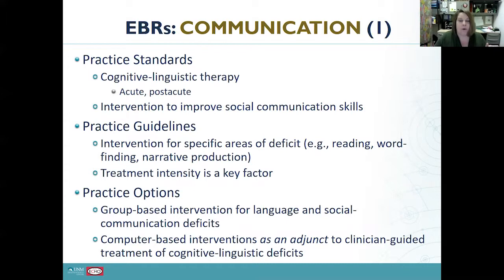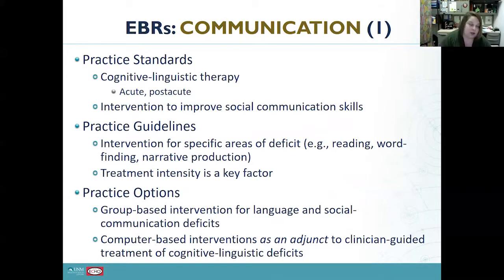Just to briefly orient you to the way that the Cicerone article gives the guidelines, EBR stands for evidence-based recommendations. You could also call them CPGs, which are clinical practice guidelines. They present them with the highest evidence as practice standards, medium evidence as practice guidelines, and then practice options.